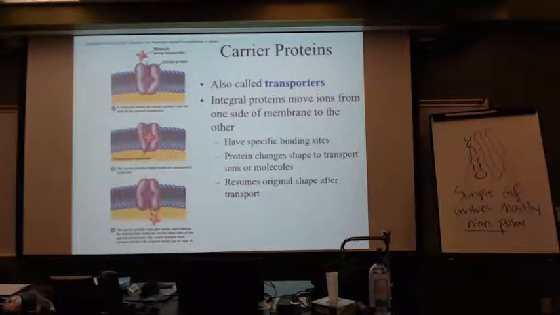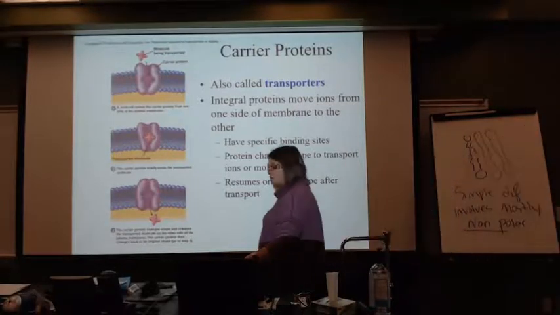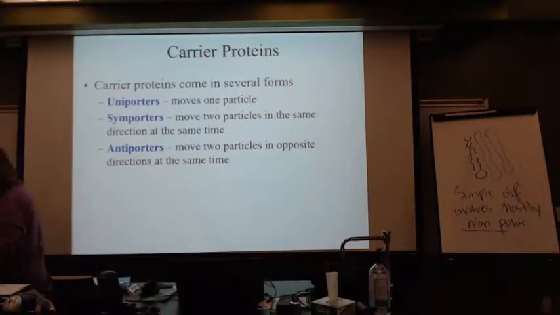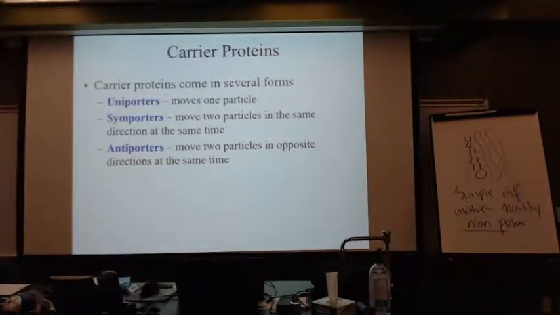So therefore, it is very specific as to what it allows to move across the membrane. Once again, showing how the plasma membrane is selectively permeable. So this would be keeping a substance from just simply crossing and going into the cell.